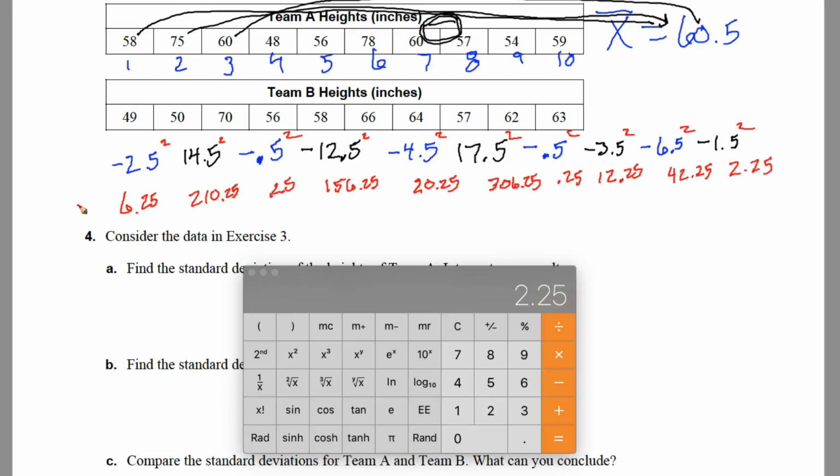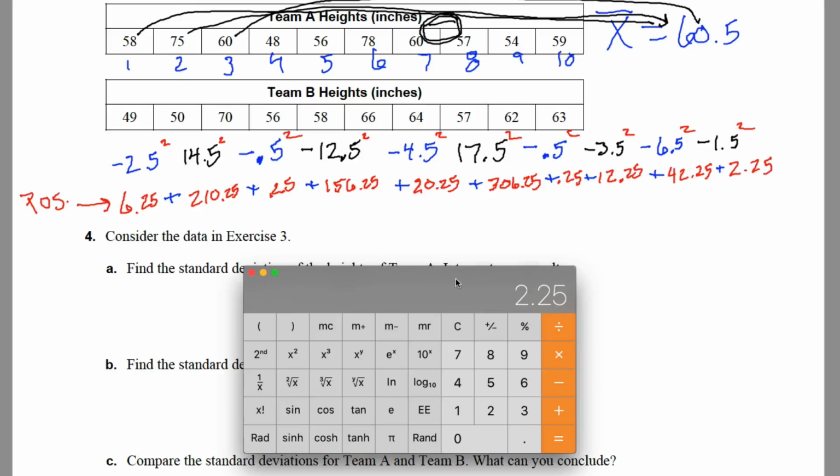And all of these numbers need to be positive. They cannot be negative numbers. So now we need to find the average of those. To find the average, we simply add them and then divide by the number of numbers, and that would be 10 numbers.